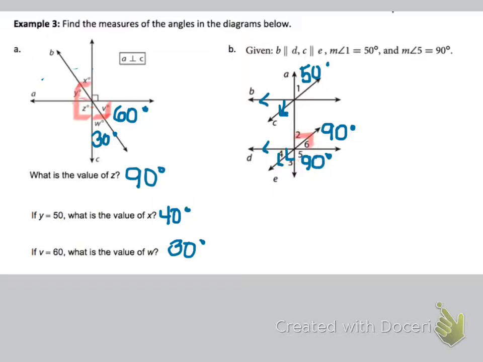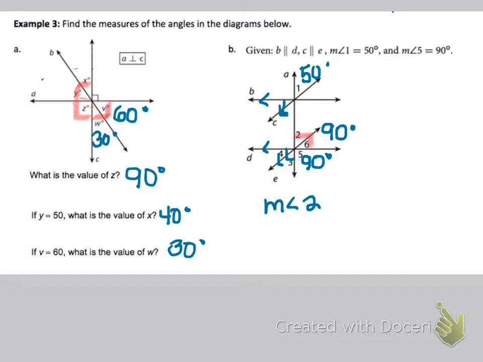So there's a couple ways we could go about finding this angle. I guess they didn't actually even ask us to find it. They want us to maybe find all the other ones that are listed. So they want us to find the measure of angle 2, because we don't know that one.